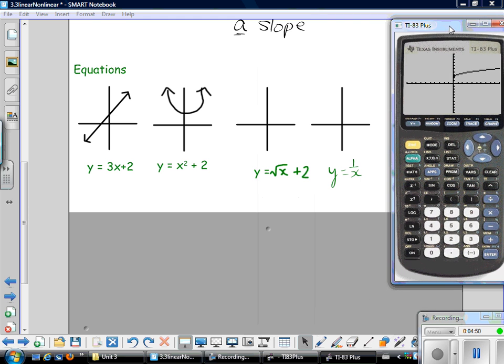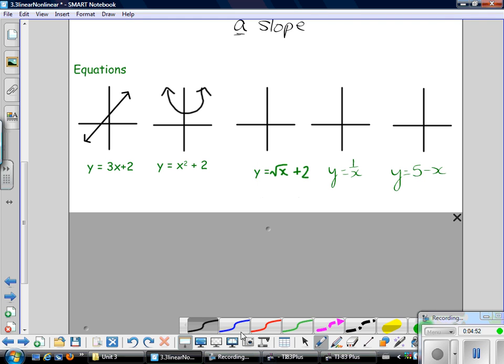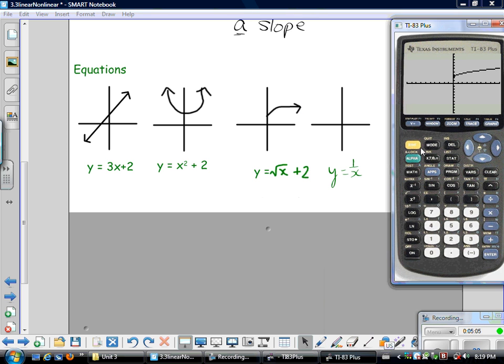So let's draw that one. In grade 11, you study those types of graphs. It's kind of like this on its side.